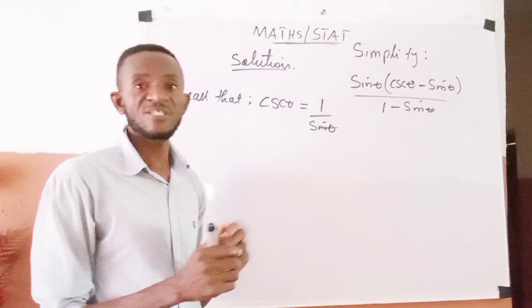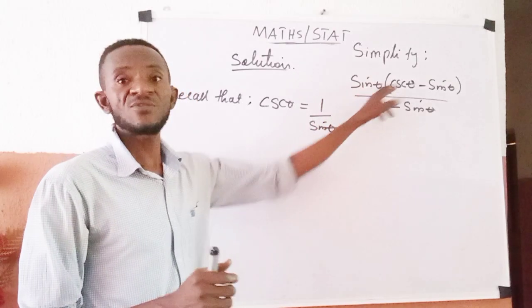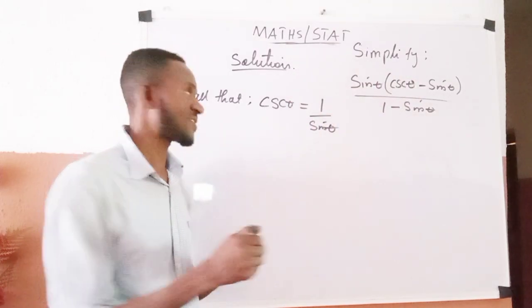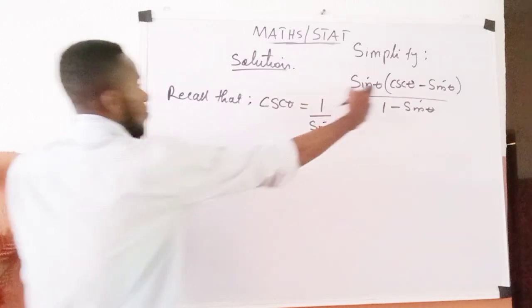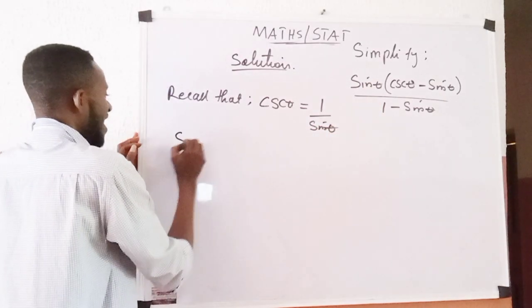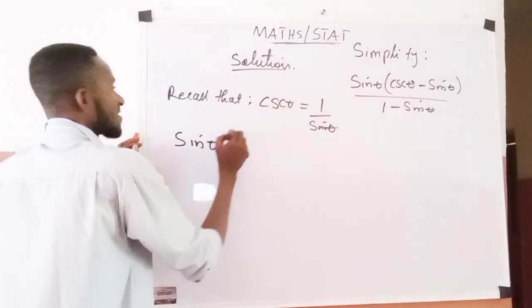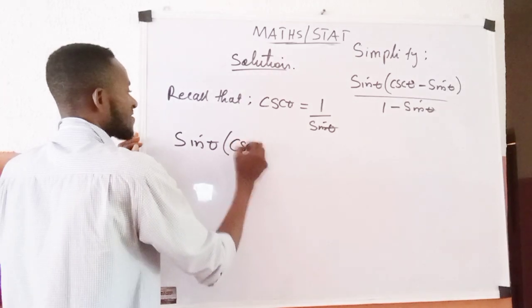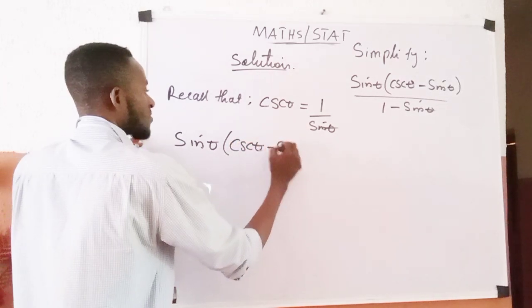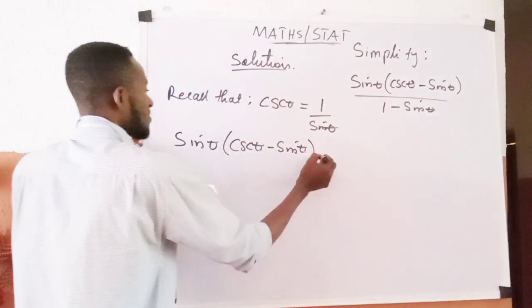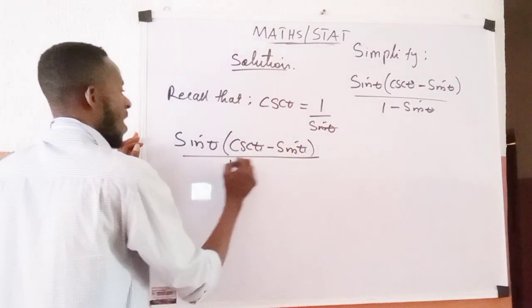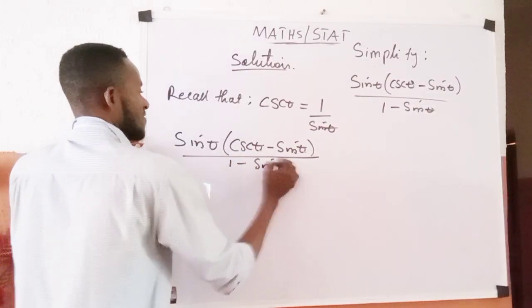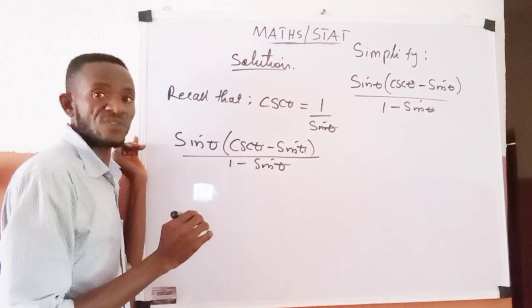Then we expand this problem by multiplying out what we have in the brackets. What the question says is sine theta, open a bracket, CSC of theta minus sine of theta, close the bracket, all over 1 minus sine theta. That is the question before us.